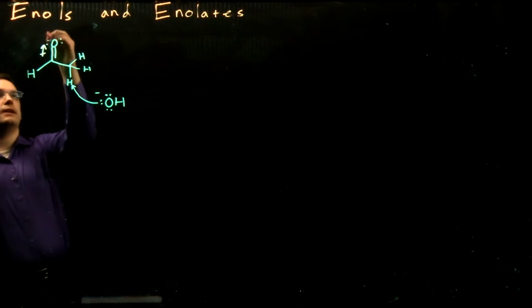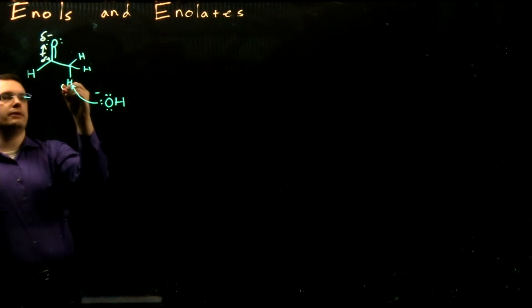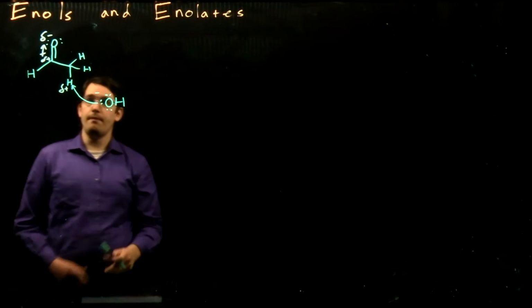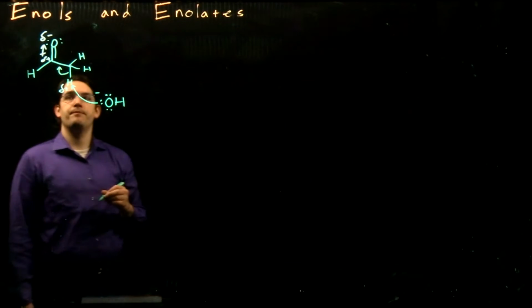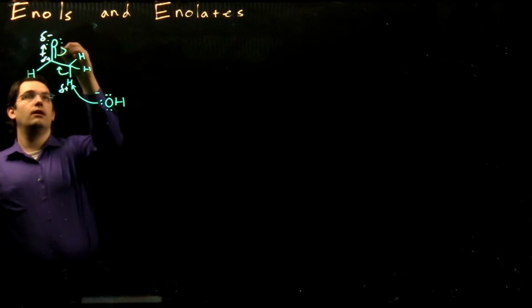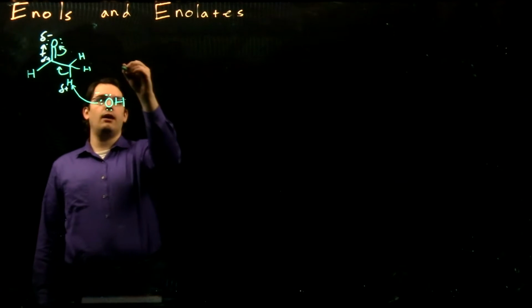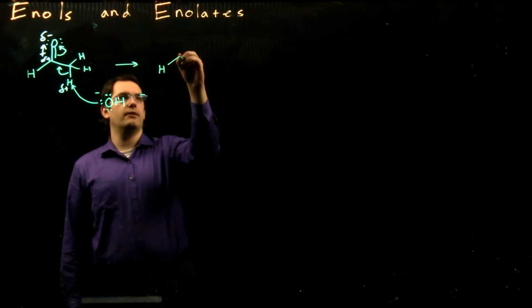We're pulling electron density towards our carbonyl, and that reduces the electron density of our actual hydrogens. So these extra electrons will then come in, and we form a double bond between our carbons, and our negative charge moves up onto our oxygen.